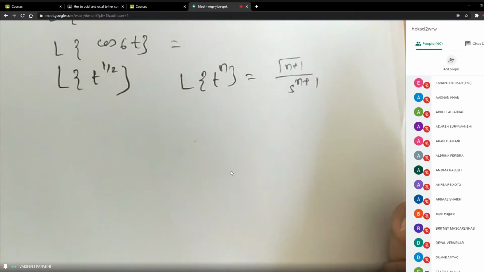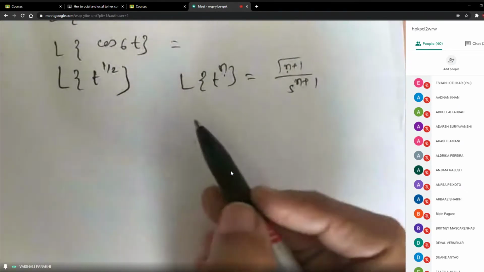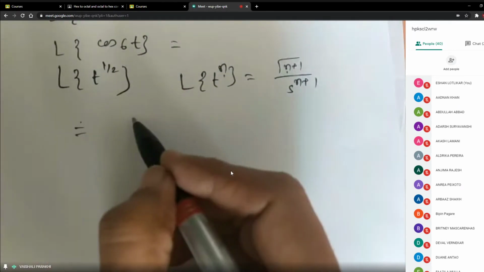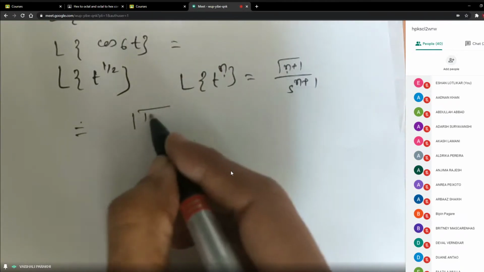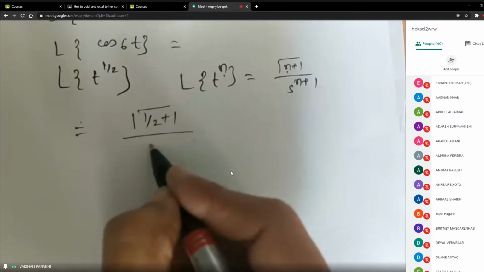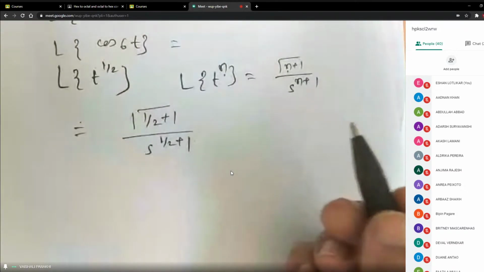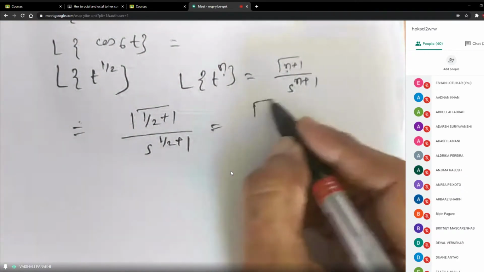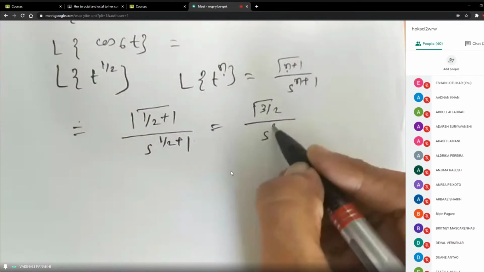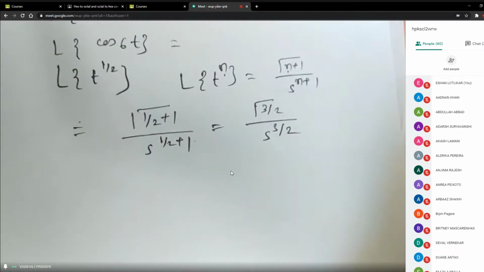Why is it so? Because n is a fraction. So here we are going to replace n by half. So gamma of 1 by 2 plus 1 divided by s raised to 1 by 2 plus 1. That is gamma of 3 by 2 upon s raised to 3 by 2.